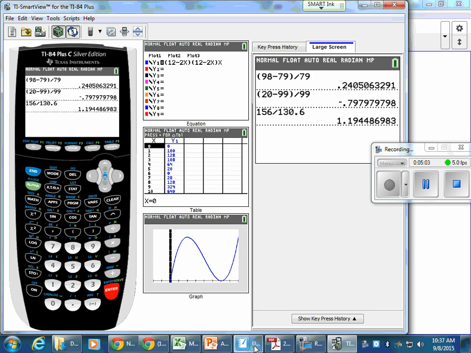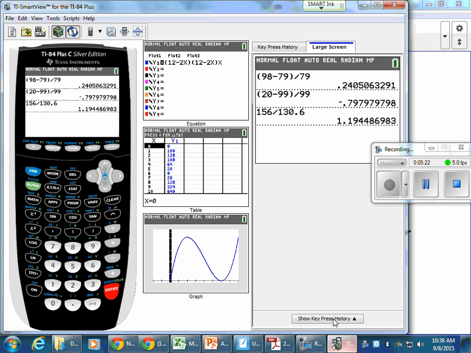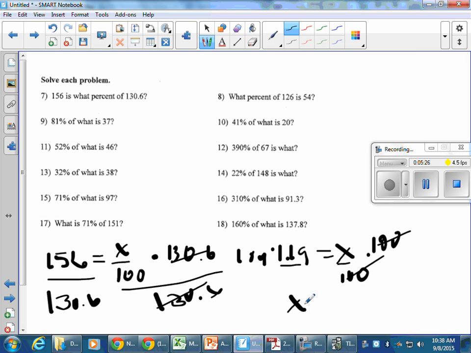So come back over here, I have that 1.19, equals x over 100. So to get my answer, I would just have to multiply by 100 on both sides. So 1.19 multiplied by 100, make sure I round it right, would be 119%. When it says 156 is what percent of 130.6, it's 119%.